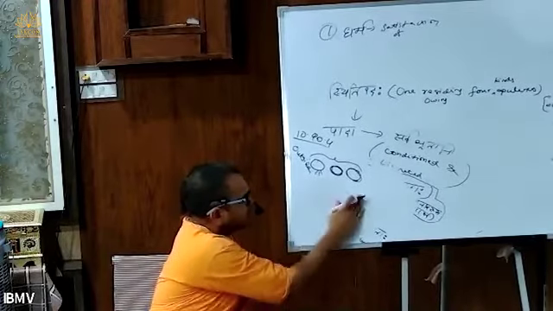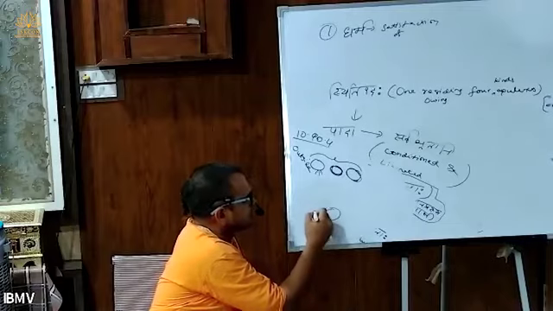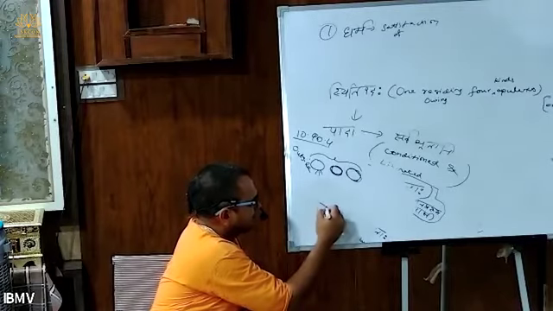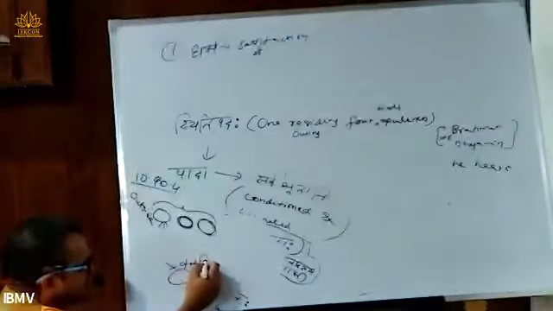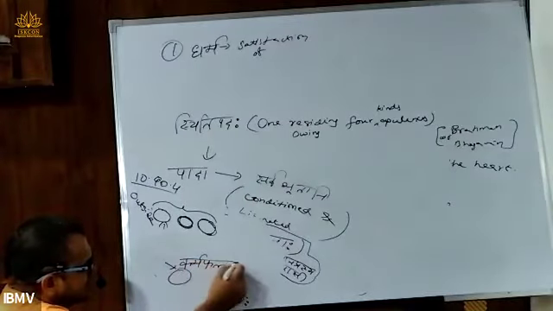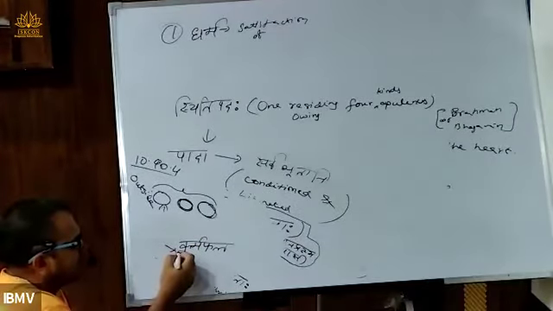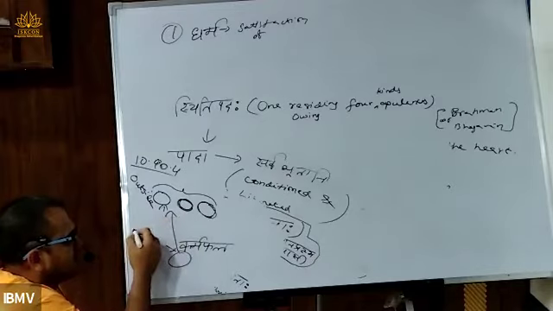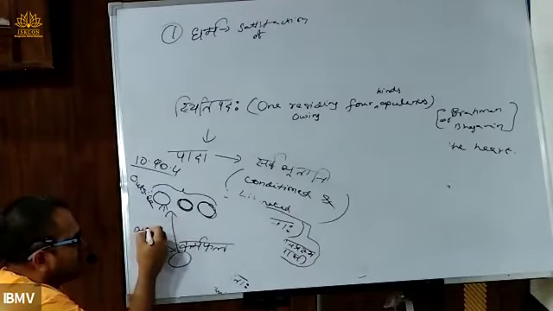You can come like this. This is staying back here, due to karma phala. Karma phala is enjoyed, and this means it's beyond the karma phala.